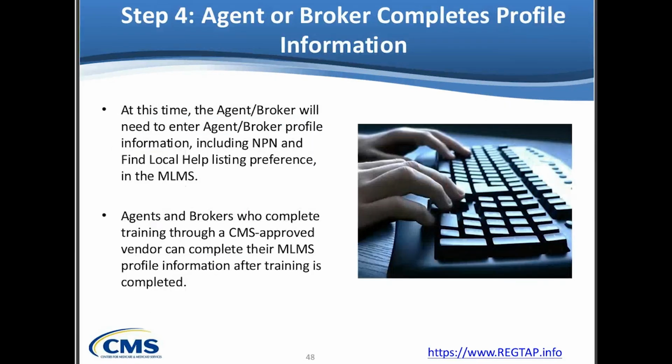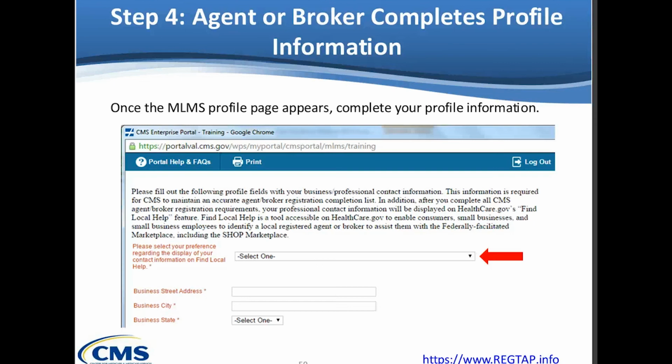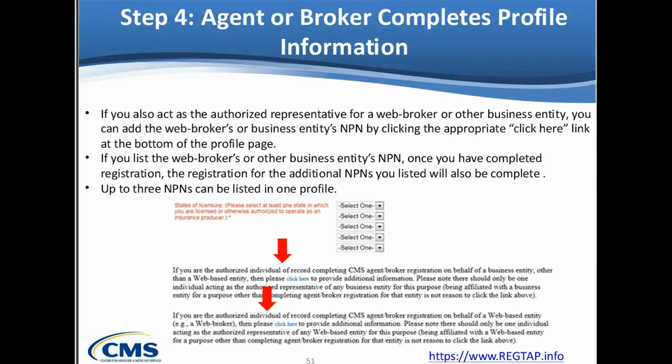Once this has all been done, it's going to ask you for your national producer number, so make sure you have that ready. This has to be exact, guys. So once you've done all of the completion of the profile, you're going to access the training down here by this red arrow. You'll select from here the correct information that will apply to you as it relates to the type of training you'll be taking.